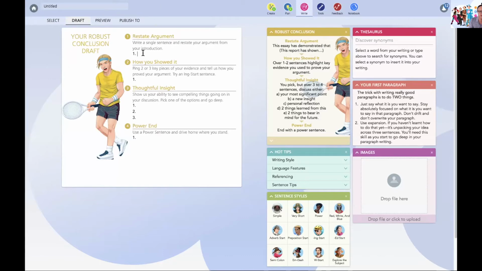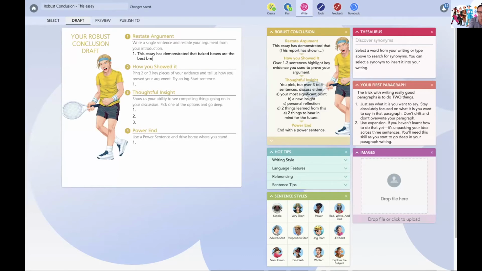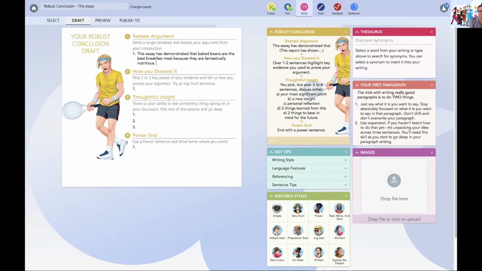I'll put Boris, and I'll write, this essay has demonstrated, remember, he's done it, he's proved it already, that baked beans are the best breakfast meal because they are fantastically nutritious. That was the argument of my essay.